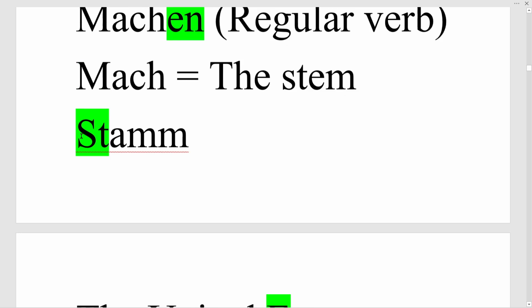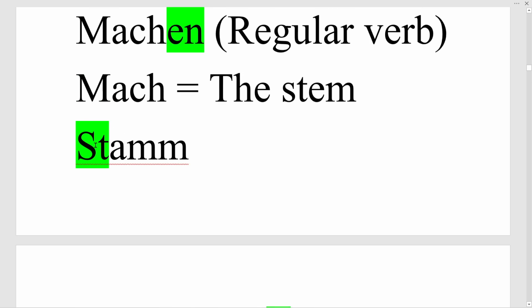Here we say Stamm, but this combination always has the sound "sh" in English. Stamm, and "a" is always "a". Stamm means the root. I could also say the root, but I don't want to get into the difference between the root and the stem. This is all you need to know.